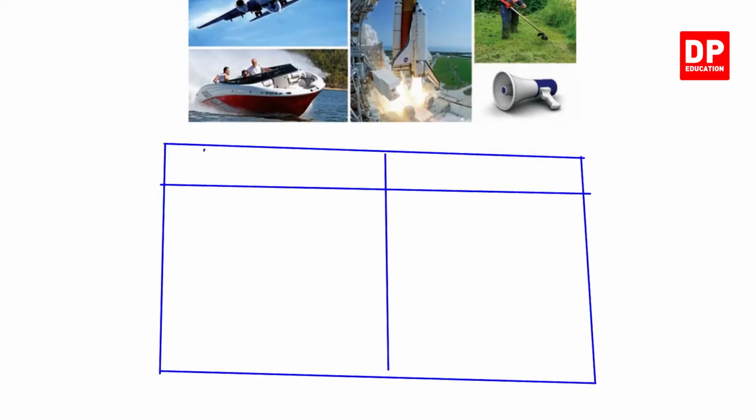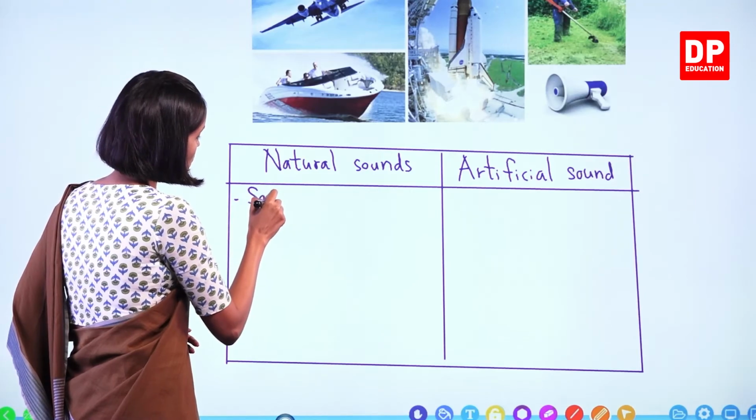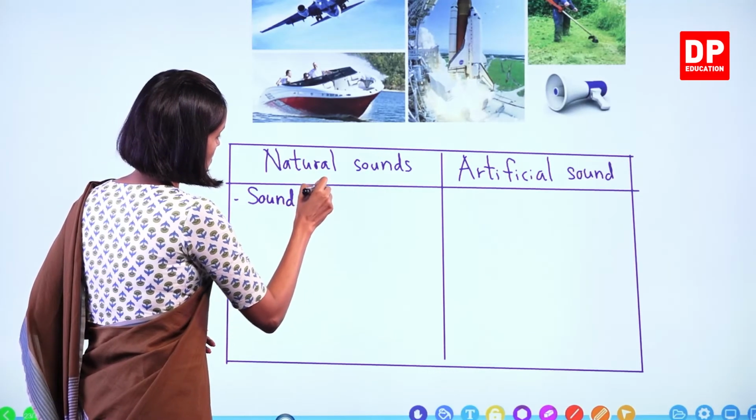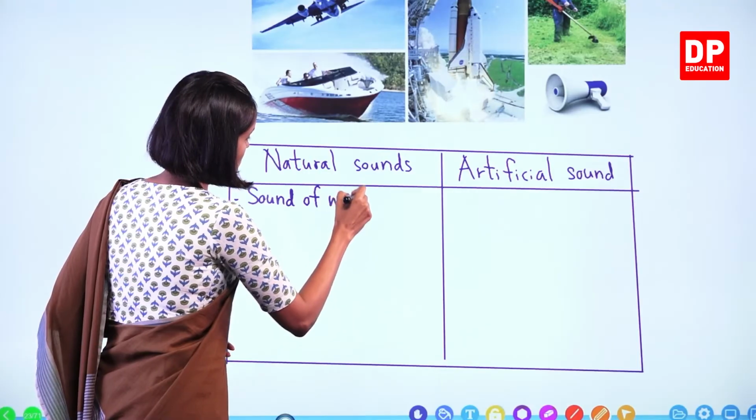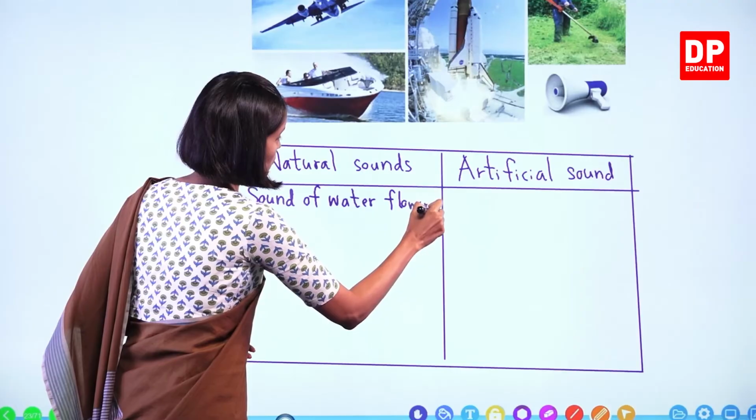This side we'll write natural sounds. And artificial sounds. What are the examples we discussed? Sound of water flowing, or flowing water.